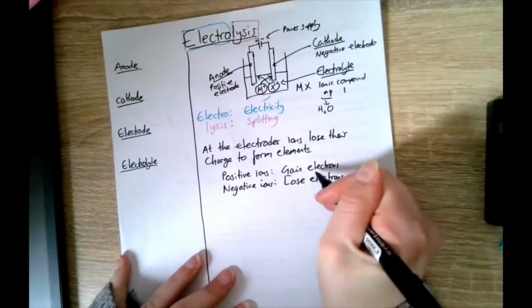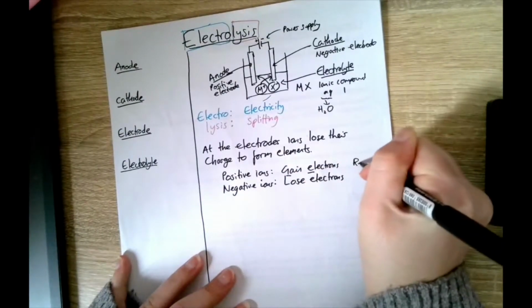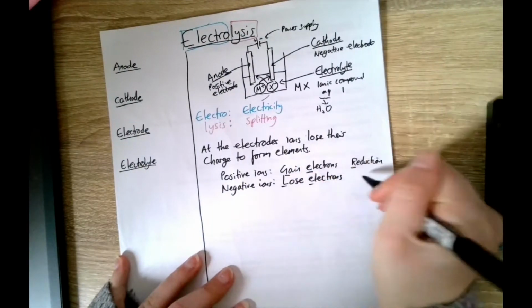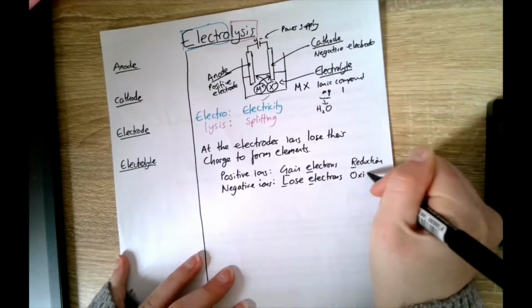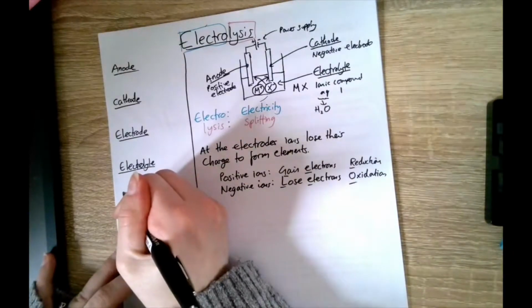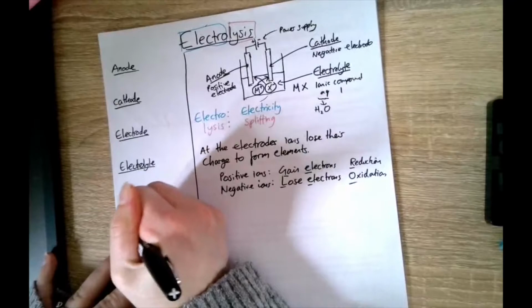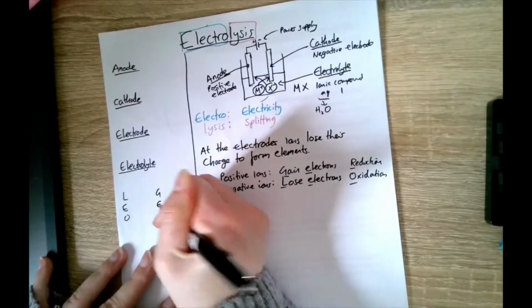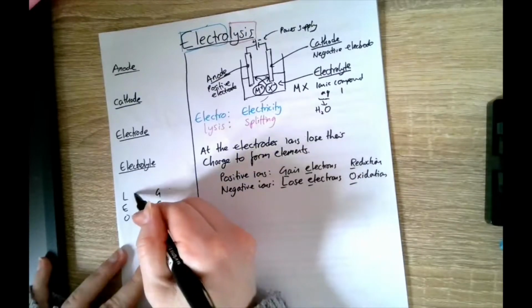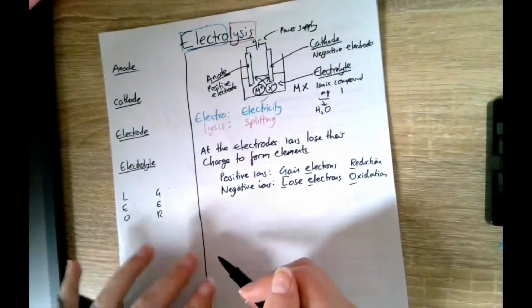When we are talking about gaining electrons, we are talking about reduction, and losing electrons is oxidation. And we can remember that using our acronym LEO, the lion goes GER. So gaining electrons is reduction, losing electrons oxidation.